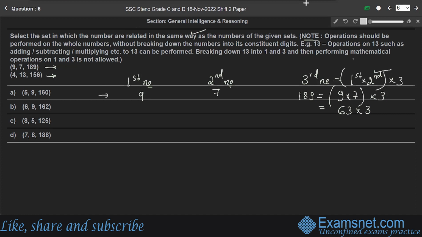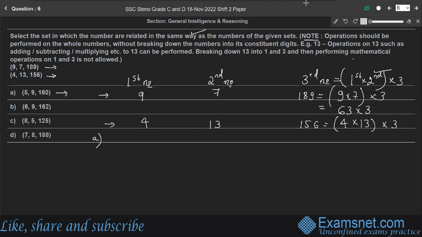Similarly, the second set of numbers, 4, 13 and 156. Here 156 can be written as the product of the first two numbers, which are 4 and 13. So 13 into 4, 52, into 3 is equal to 156. So among the four options, which option follows the same logic?